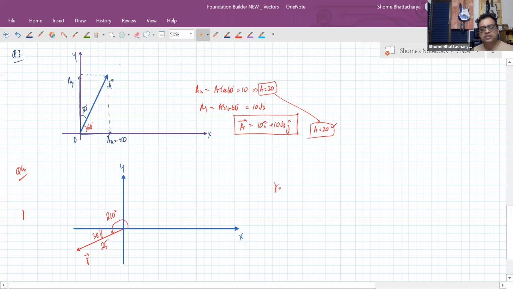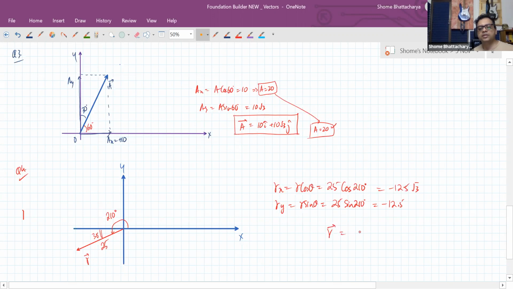So you can see that this displacement's x component is 25 cos 210, and this displacement's y component is 25 sine 210. So this will become minus 12.5, and this will become minus 12.5 root 3.